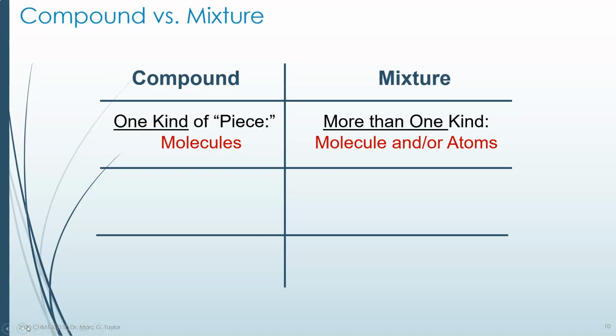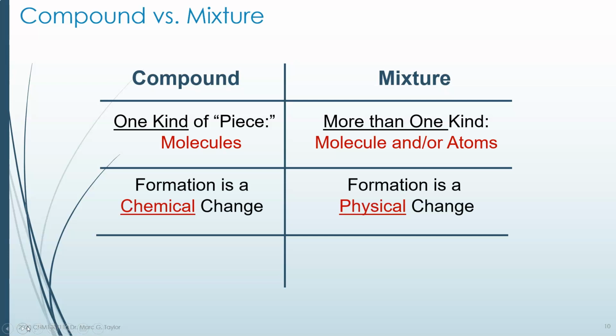Compound refers to the fact you're compounding two kinds of atoms, whereas a mixture is two completely different substances. You could have a compound and a compound. You could have an element and an element. You can have a molecule and a molecule, an atom and a molecule. So there are a lot of different things. As long as you have two separate formulas, that's a mixture.